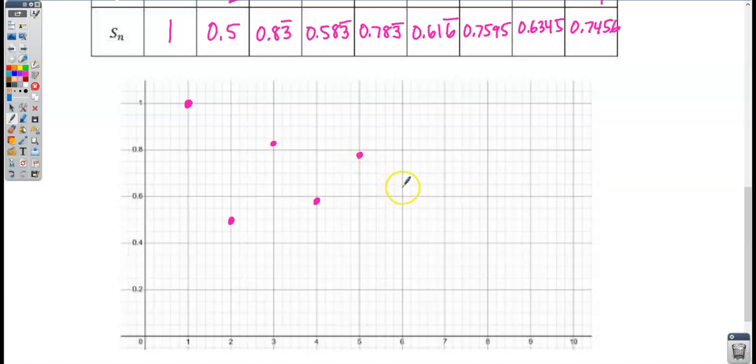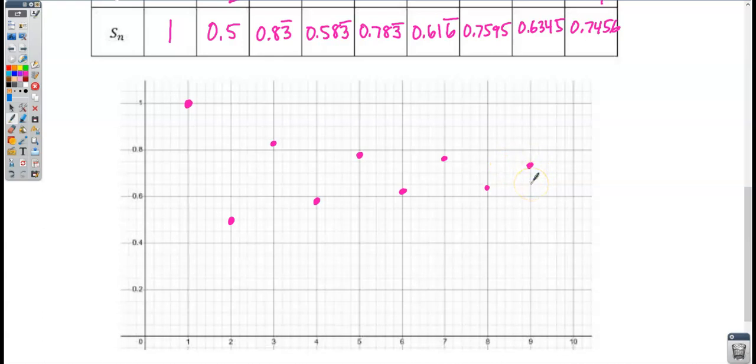And then 0.616. This is 0.65, so 0.616 is going to be right around here. 0.7595, so this is 0.75, so 0.7595 will be a little bit above that. 0.6345, right about there. And 0.7456, which is going to come in right around here.